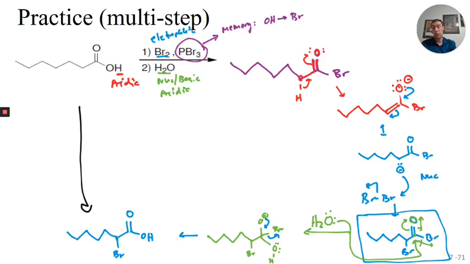Okay, this becomes one of the tricky functional differences between a carboxylic acid and an acyl halide. The alpha position on the carboxylic acid is not particularly acidic because, well, there's a more acidic hydrogen. When we look at the acyl halide, that alpha hydrogen becomes actually more acidic because that bromine withdraws electrons.